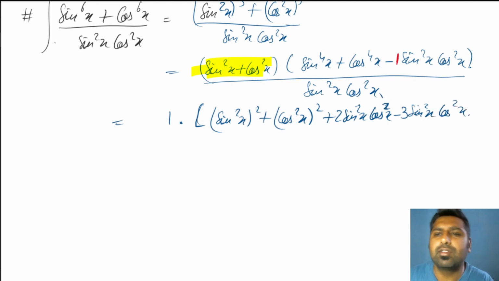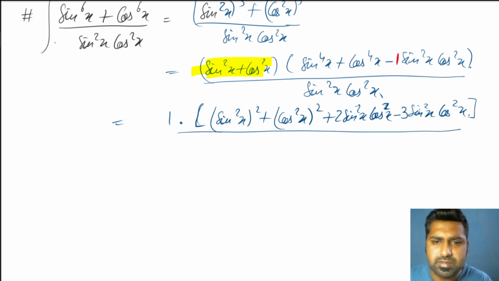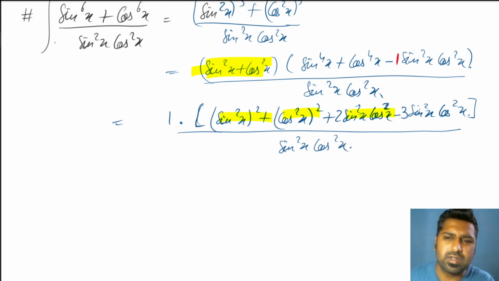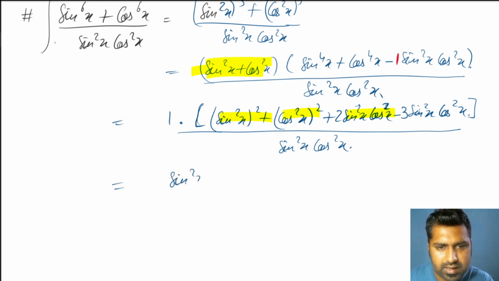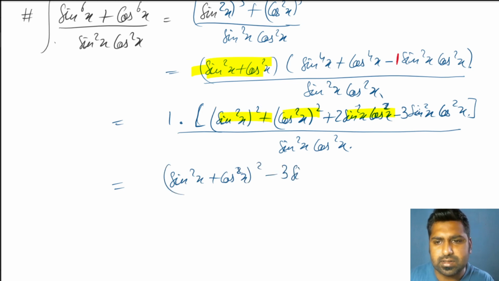Okay, so what I have done is I've written minus 1 as plus 2 sine square cos square minus 3 sine square cos square. Why? Because it will generate a plus b whole square again. If you look at the first three terms, a square plus b square plus 2ab, this becomes sine square x plus cos square x whole square minus 3 sine square x cos square x.